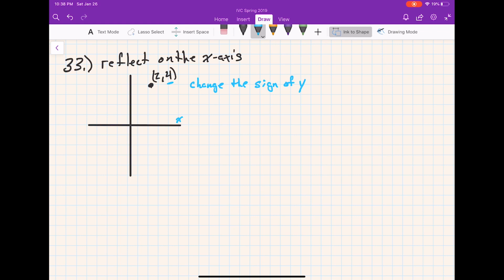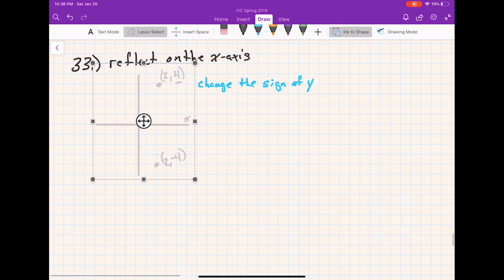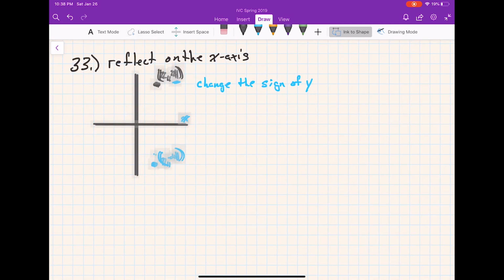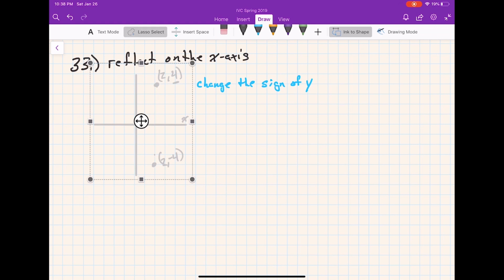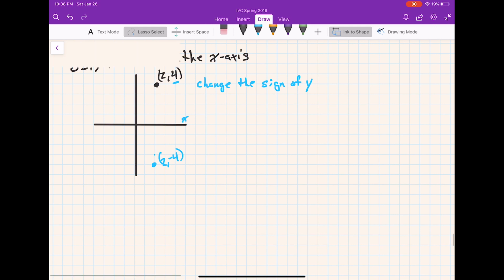So we go 2, down 4. There we go. And that is 2, -4. Oops. Let's get this on the grid correctly here. There we go. Now you can see that's on 2, -4.